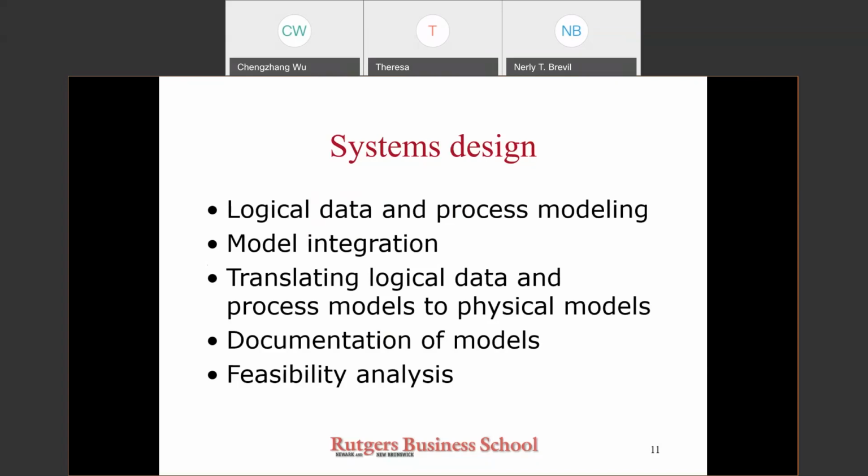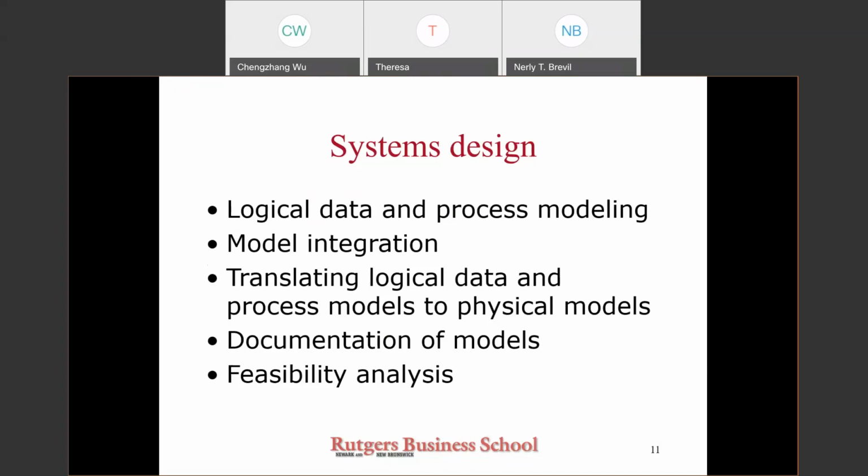The specific steps in system design include, first, logical data and process modeling. Second, model integration. Third, translating logical data and process models to physical systems. And last, the documentation of models, as well as feasibility analysis.